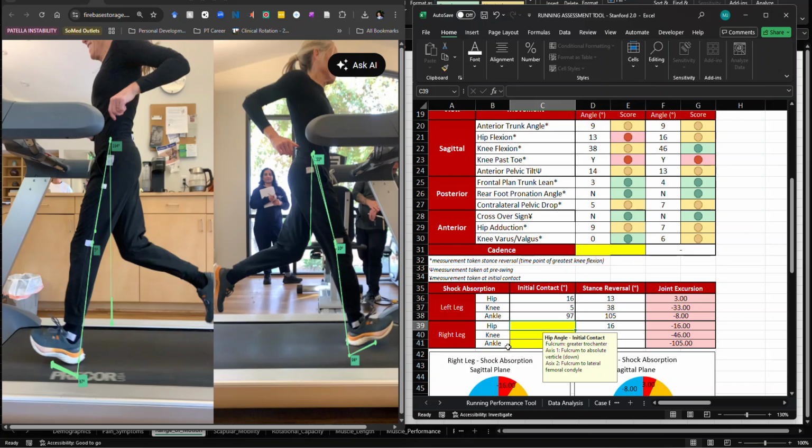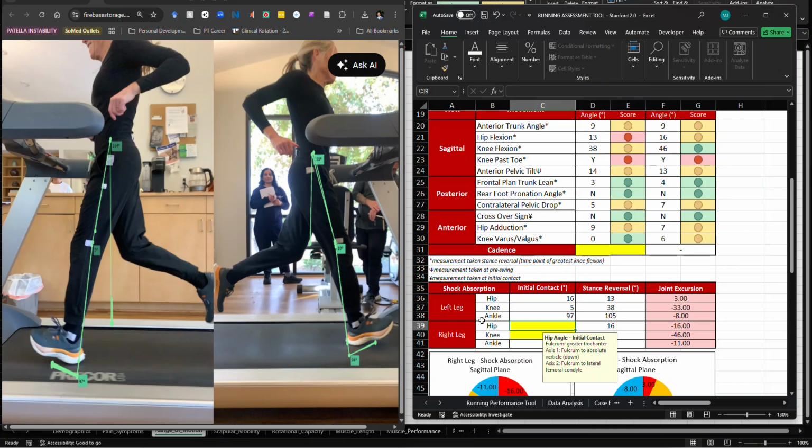And then this is going to be 94 for the right leg. We're going to look at the hip at 155. Sorry, 165. Maybe that's accurate, 155.